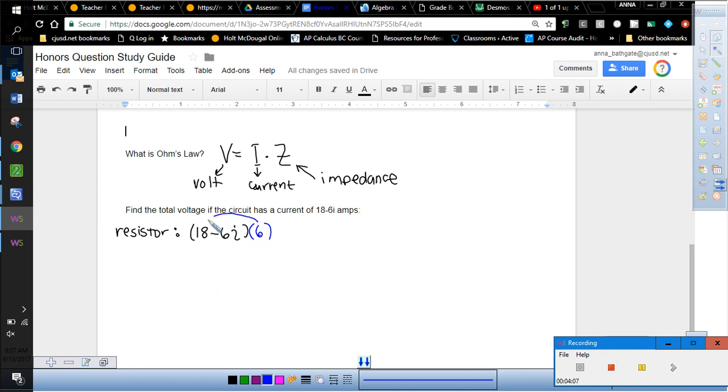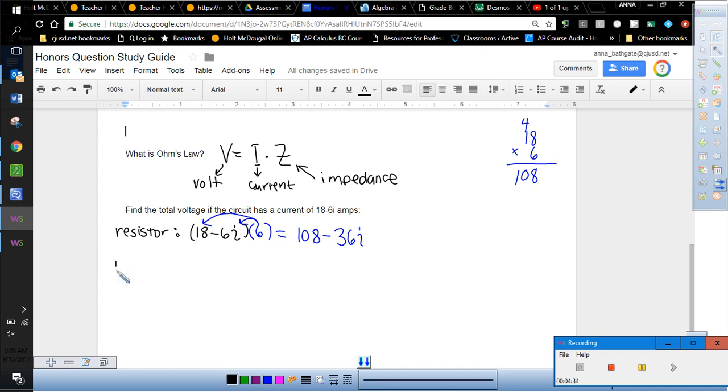Distributing the 6, 6 times 18 is 108, and 6 times negative 6i is minus 36i. That's the voltage of just the resistor.